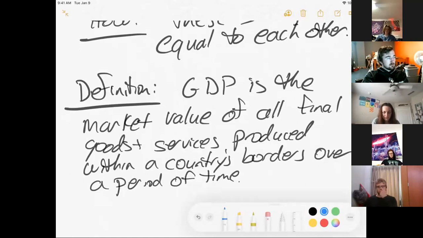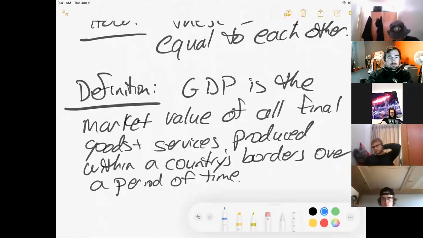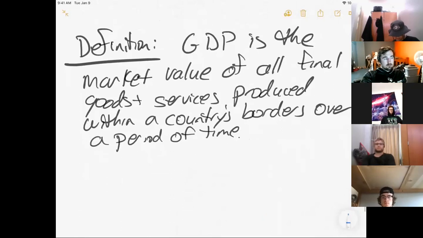Market value. Nevaeh, am I saying your name right? Yeah. What do you think we mean by market value? How would you determine the market value of something?